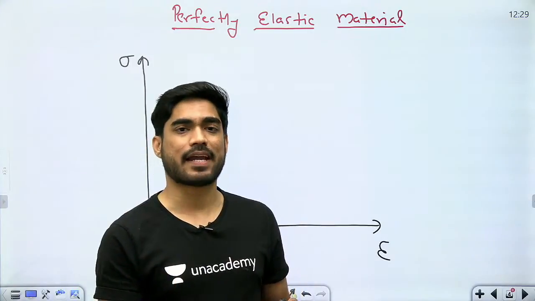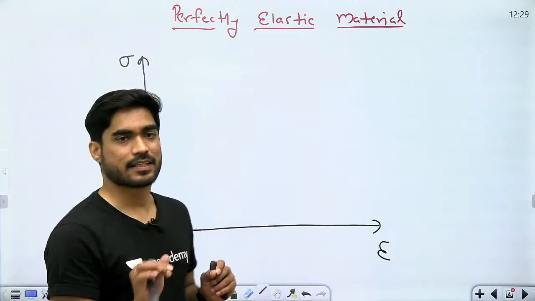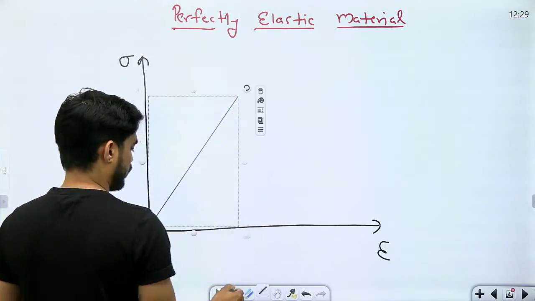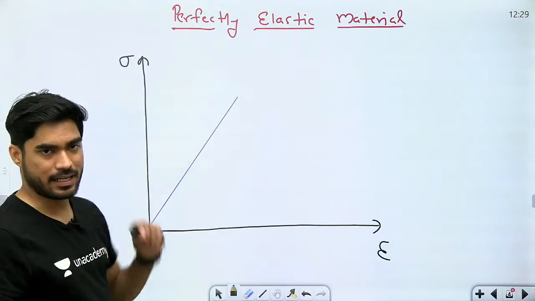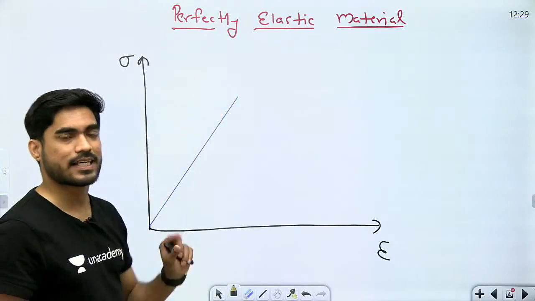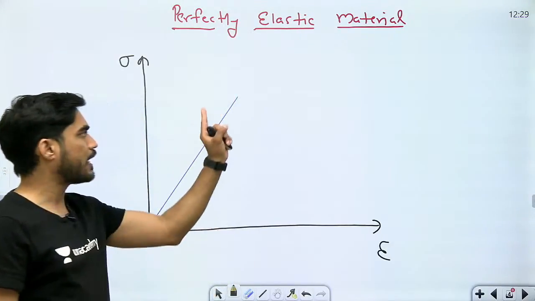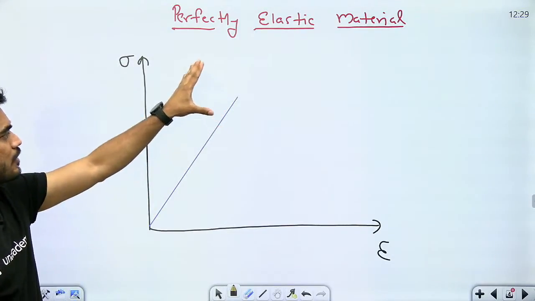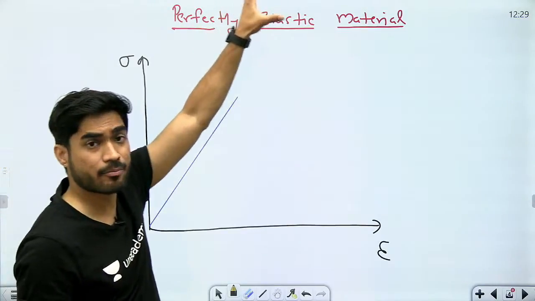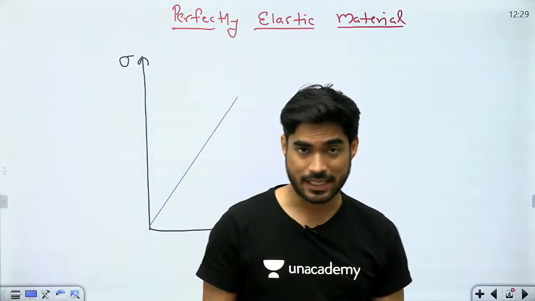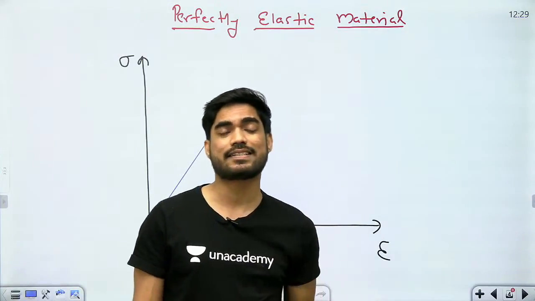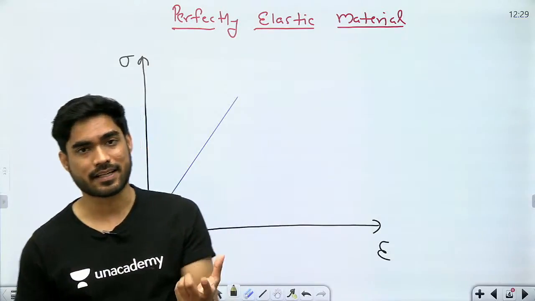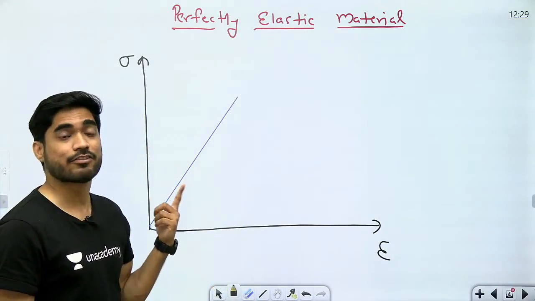It will always remain elastic, means the stress strain curve will be a straight line from the start till the end. जीरो लोड से लेके फ्रैक्चर पॉइंट तक जो स्ट्रेस स्ट्रेन डायग्राम रहेगा वो लीनियर रहेगा. It will be a perfect straight line. So this is a perfectly elastic material. In strength of materials, when we derive the equation of bending stress, torsion, then we assume that the material always remains elastic. So this is the stress strain diagram of that material.